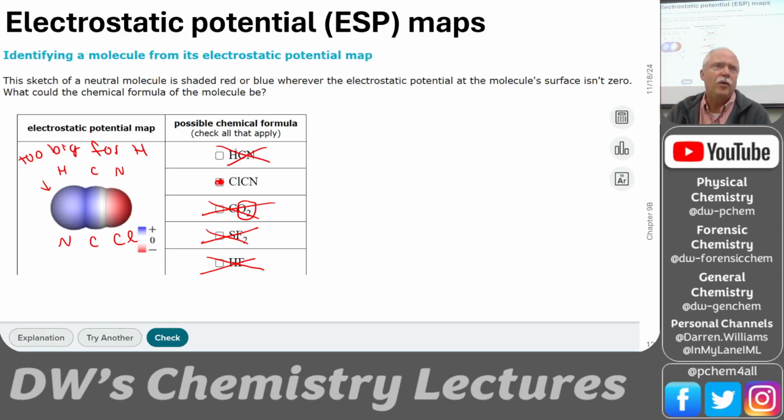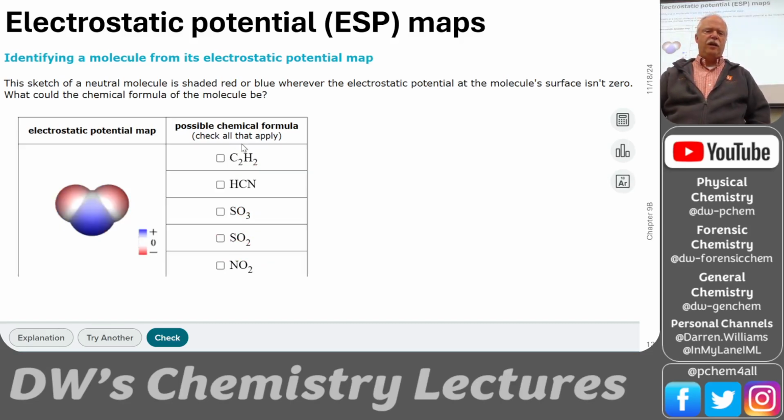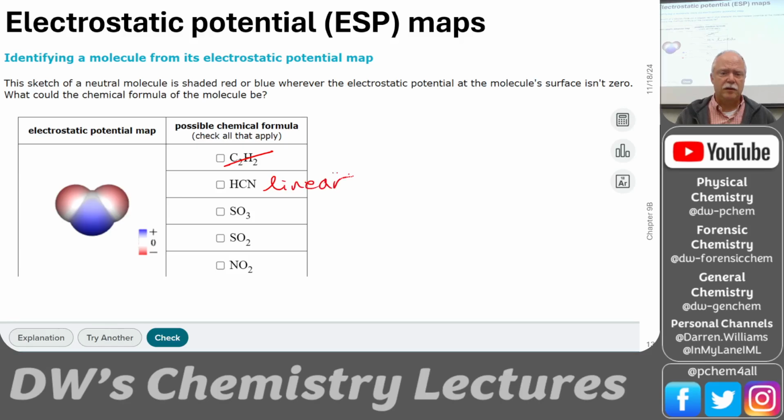This one requires a lot more thinking because you're looking at the sizes of the atoms and at their electronegativities on the periodic table. So let's do some more. Okay, here's a bent molecule. 3 atoms. Do you see that there's 3 atoms? So it's not going to be C2H2. HCN is going to be linear, so it's not that molecule.